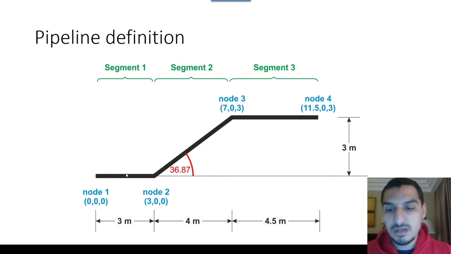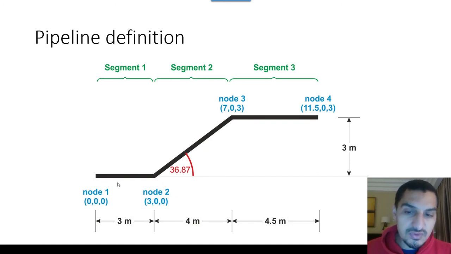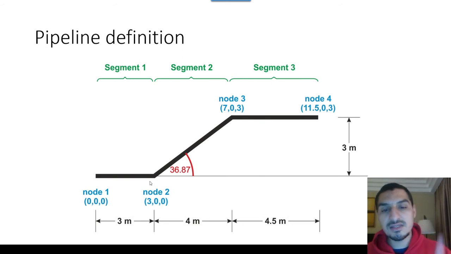I start here, the datum is going to be 0, 0, 0. This is x equals 0, y equals 0, z equals 0, and this is x. This moved in the x direction for 3 meters. It didn't change the y and didn't change the z. Z is going to be perpendicular in this direction, and y would go into or outside the screen.